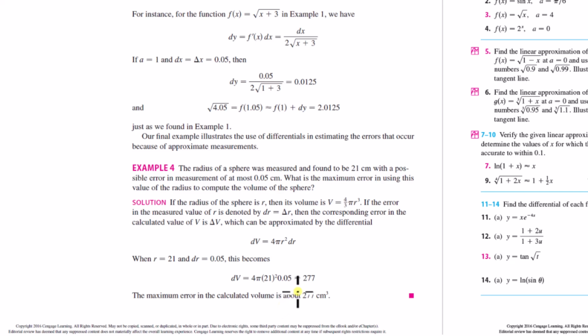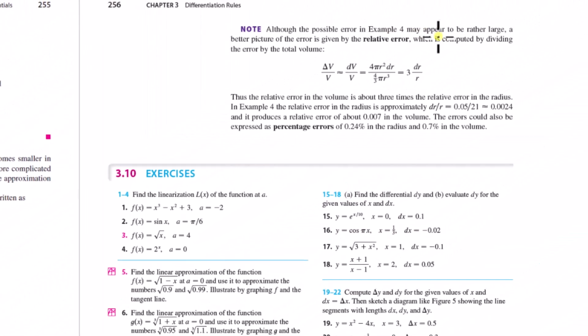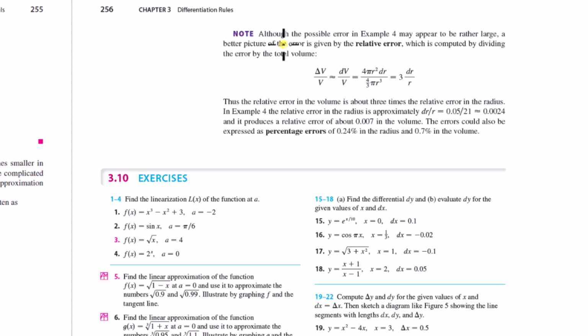Okay, now it mentions that, wow, that's a big value, right? 277 cubic centimeters, that sounds big. So if we come here, this appears to be large, but a better picture is given by the relative error, which is computed by dividing the error by the total volume.